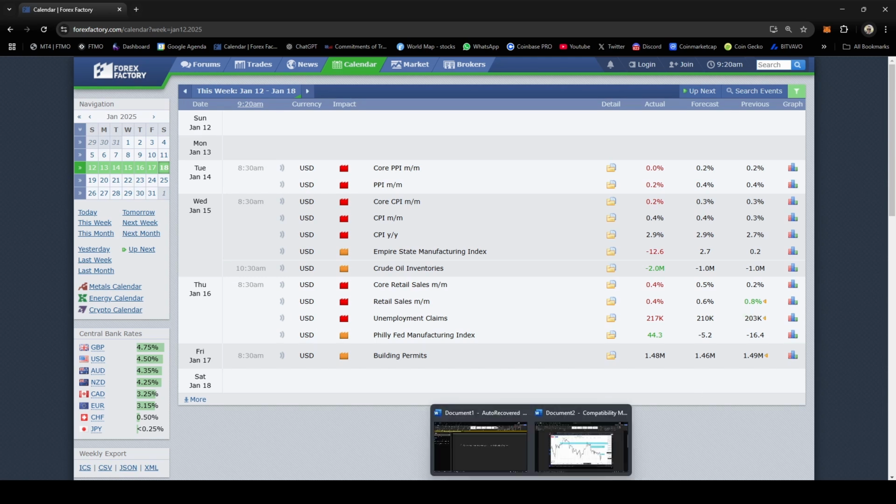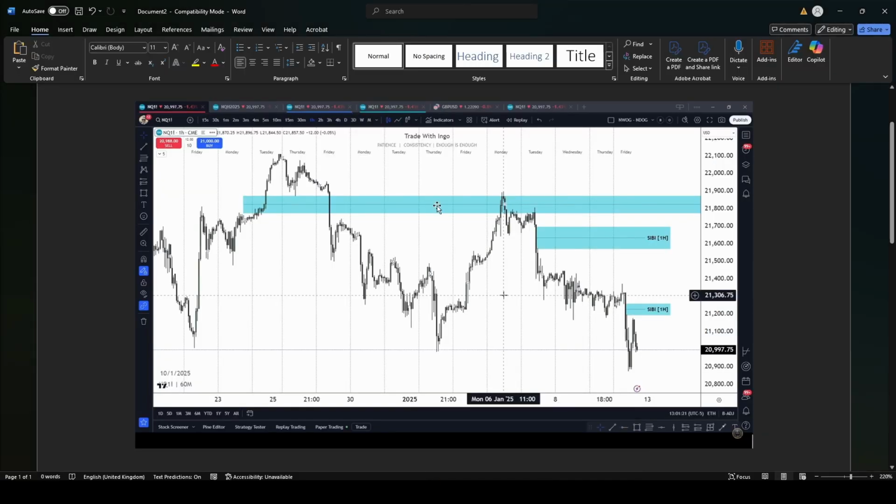Okay, in last weekend's game plan for last week I mentioned that we were bearish on the market because I saw in COT data that commercial speculators were net short. So I expected some downwards continuation for this week.